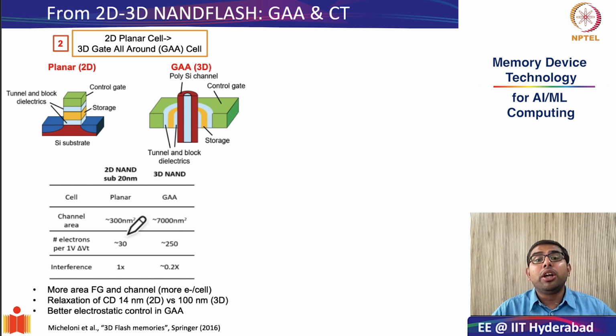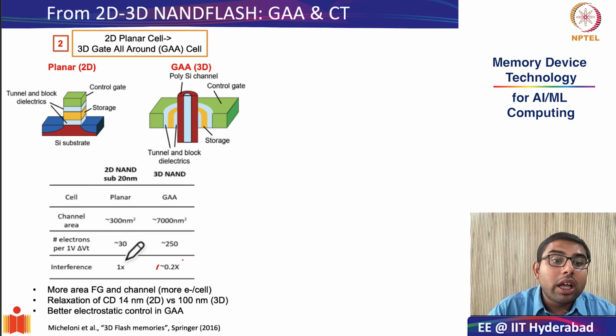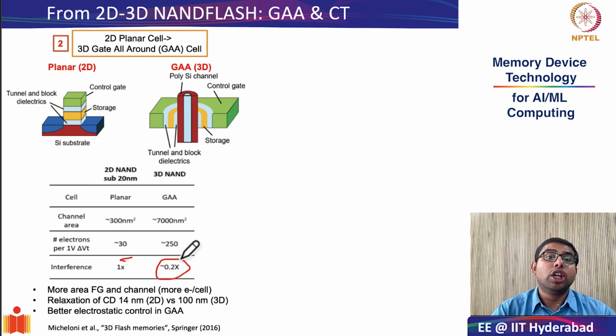As a result, by going from planar to 3D, you essentially solve the few electron problem. That is also the reason why it suffers from much lower interference effects. So this is the key reason and a big change from 2D to 3D, going from your planar cell to your gate all around cell.